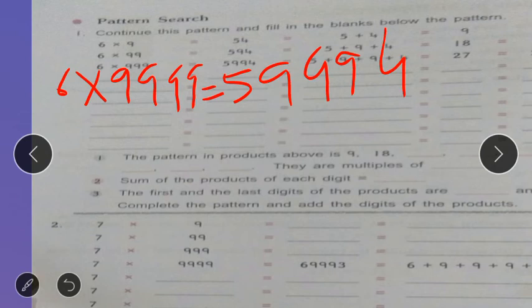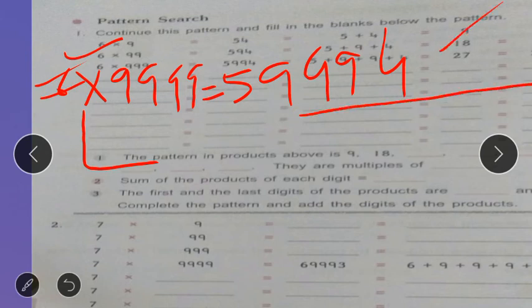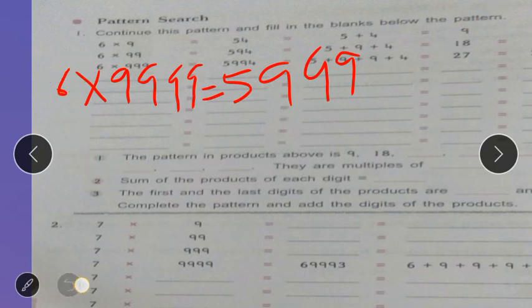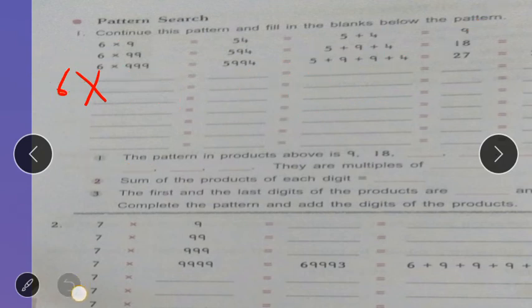Then the remaining blanks we have to fill as we have done the first 4. Okay, this also is the same thing. This means this is completed. Let me show. Here you understood, no? Then 5 plus 9 plus 9 plus 4. These two 9s are there, no? So that is written, that is expanded. Here how did you get this 27?